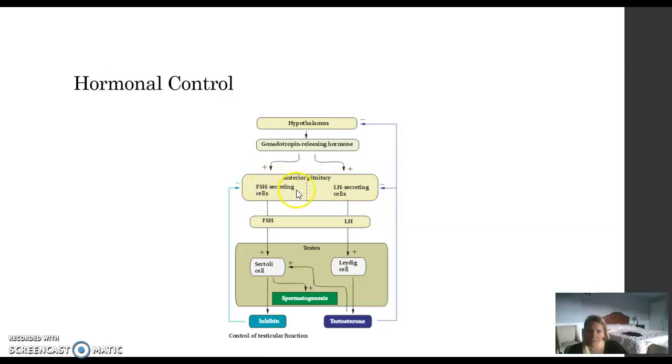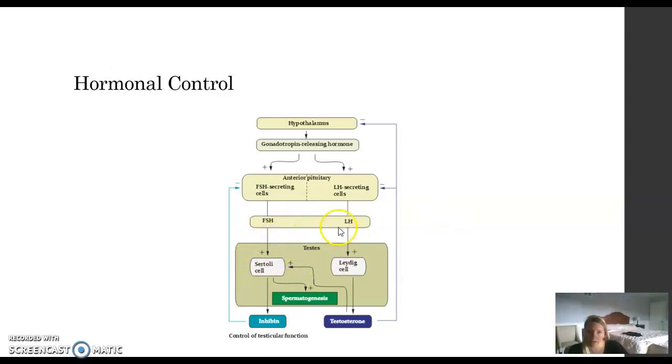Here it's showing the FSH secreting cells and the LH secreting cells that secrete your luteinizing hormone and your follicle stimulating hormone. So your follicle stimulating hormone is going to be directed at those Sertoli cells, where it's going to stimulate spermatogenesis.